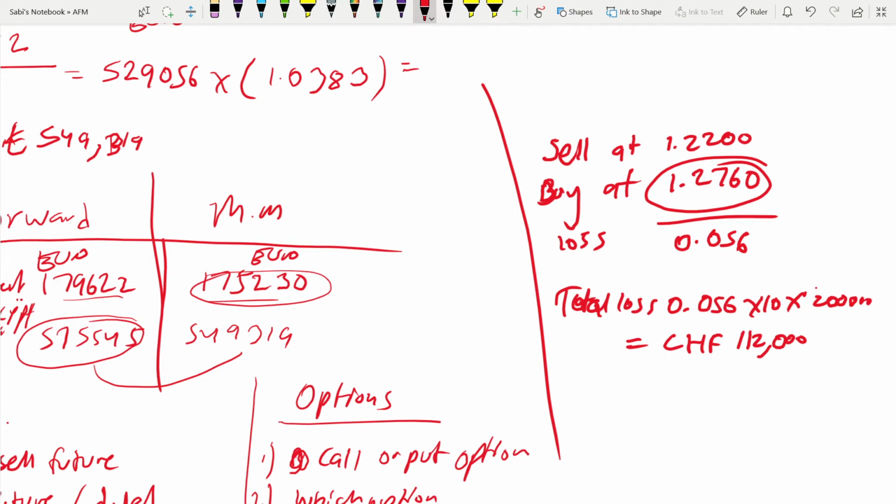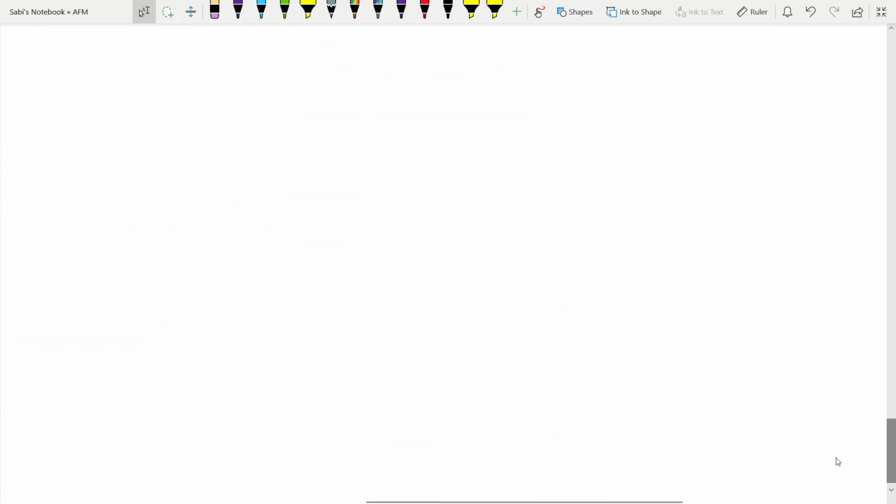This loss needs to be deducted from what? You have to find out in the spot market how much Swiss franc you are receiving, so this loss will be deducted from the spot market.